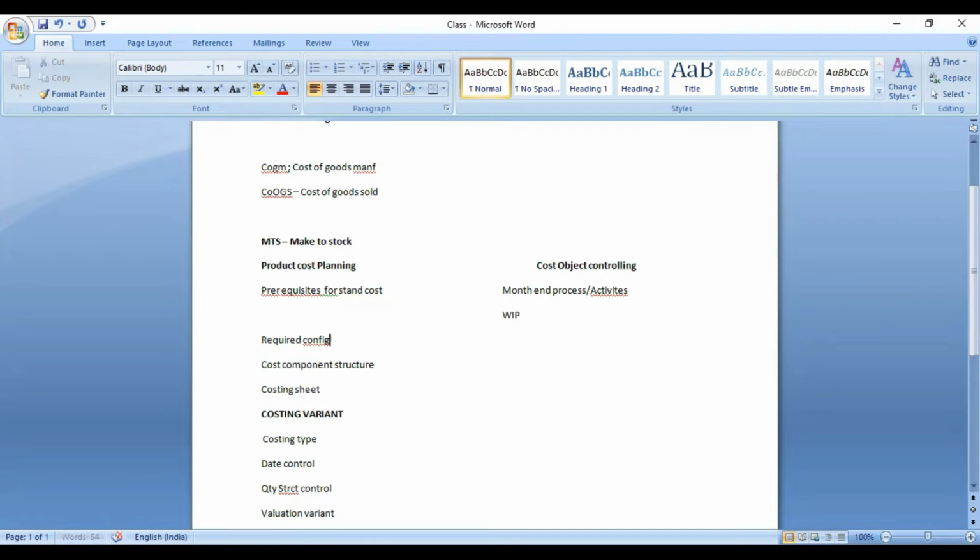WIP, variance, settlement, and on top of this it will be done automatically by revaluation of activities.